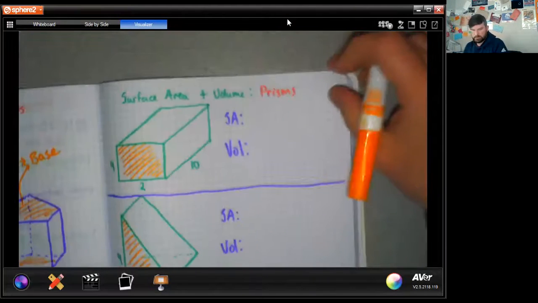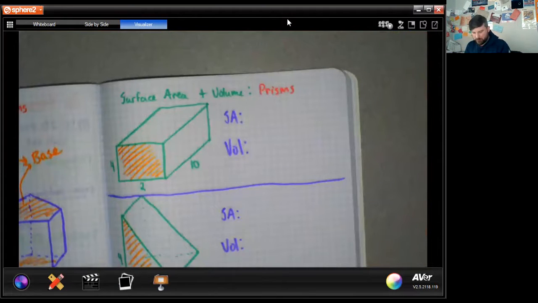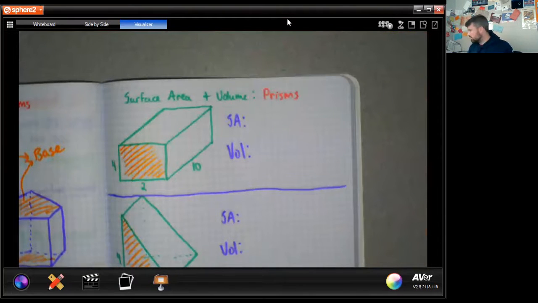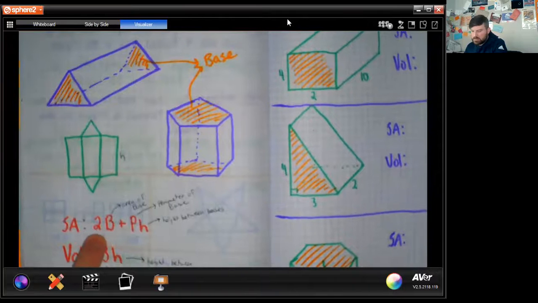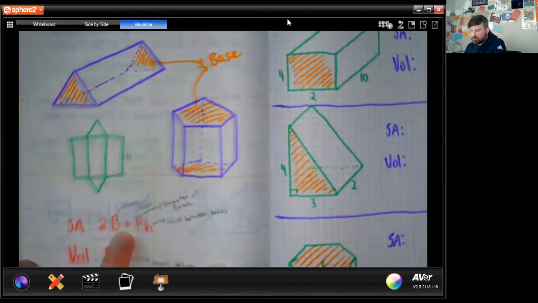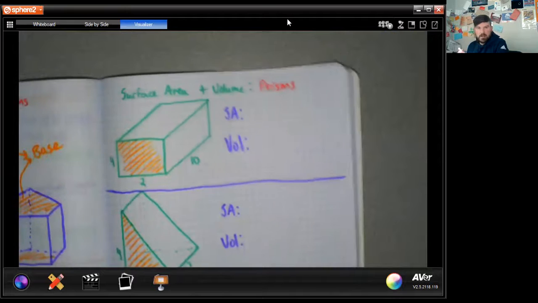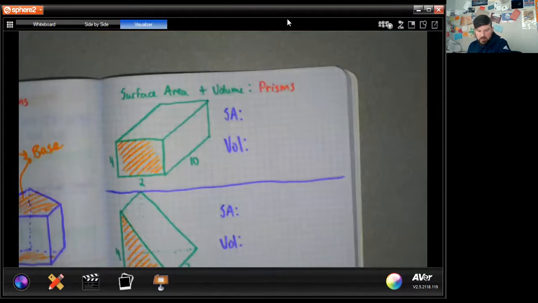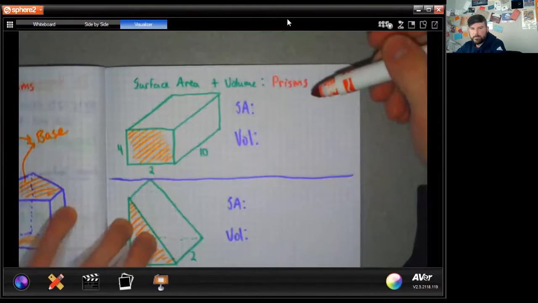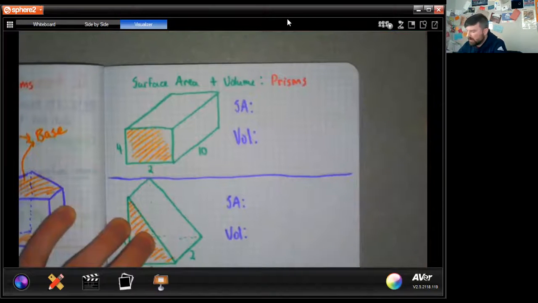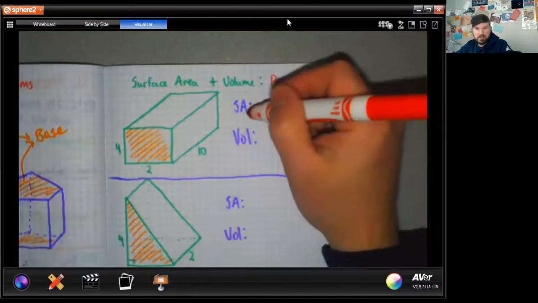Okay, so looking at the formula, we had the formula for surface area as 2 times the area of the base plus perimeter times height. Now, if you want, you can constantly write down the formula. That will help you remember what it is you need. But in this case, I'm just going to keep looking back at the previous page.